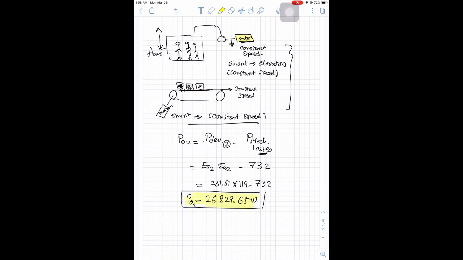Now, what if we needed to calculate the second percentage efficiency? To calculate it, we will use this power, 26829.65, and divide it by 240 multiplied by the second line current, which was 122. Now let's calculate the second efficiency.